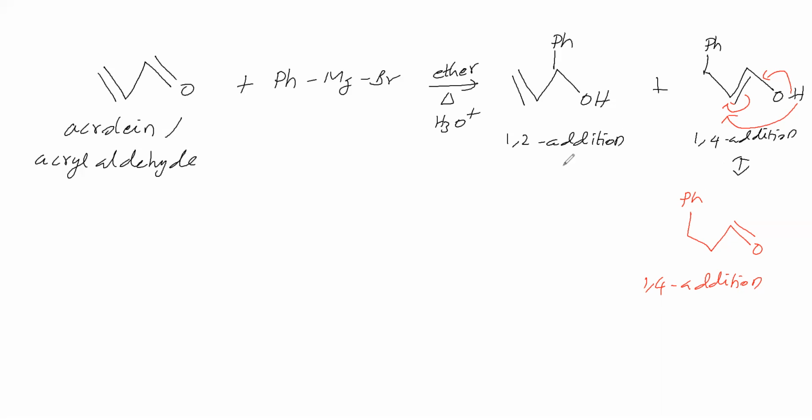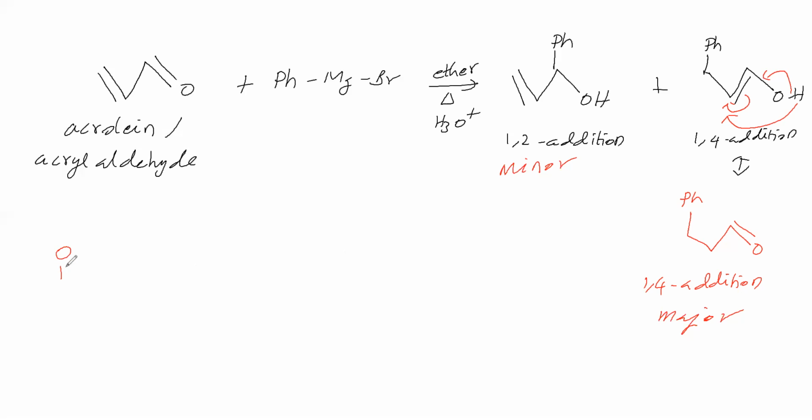Therefore, out of 1,2 addition and 1,4 addition, 1,4 addition is the major product and 1,2 addition is the minor product, we can say. So we'll go for the next reaction.